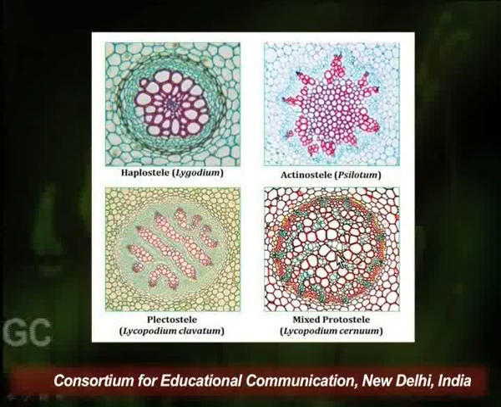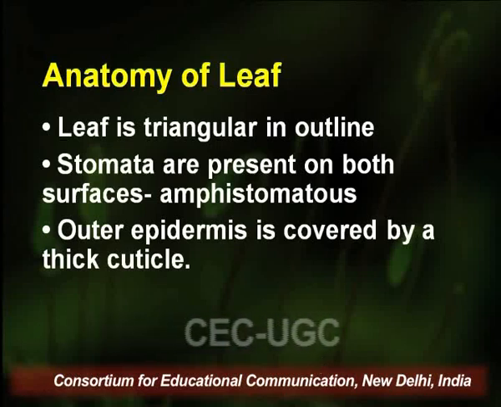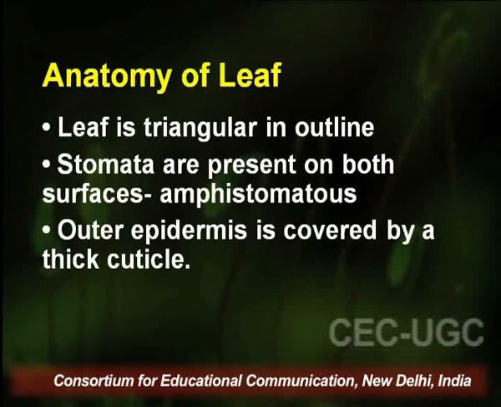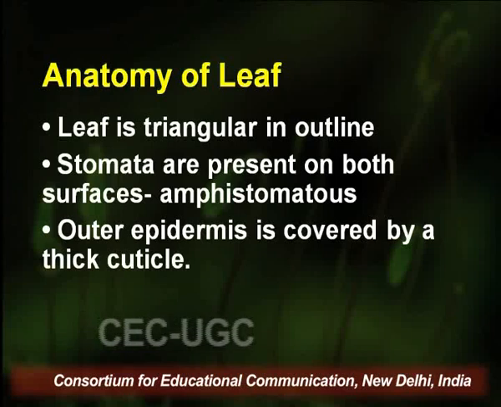As far as the anatomy of leaf is concerned, the leaf is triangular in outline, and the outline is disrupted by the presence of stomata.